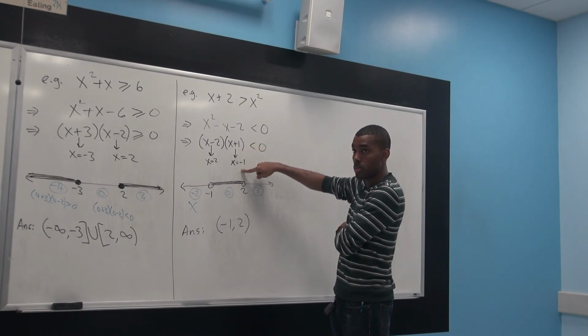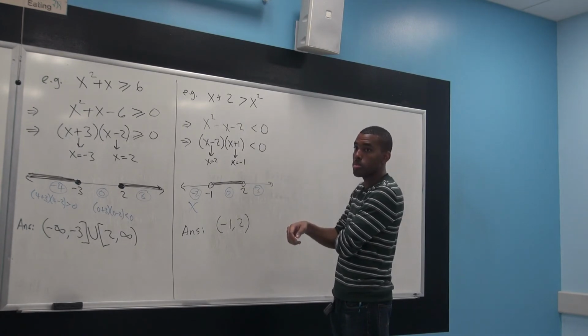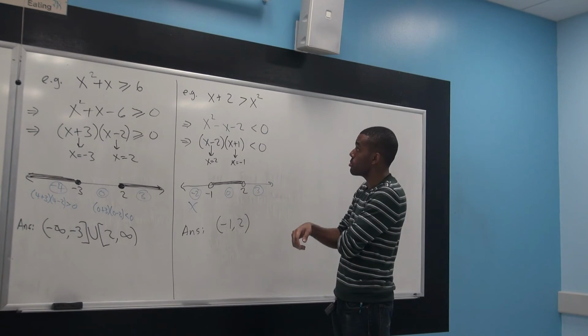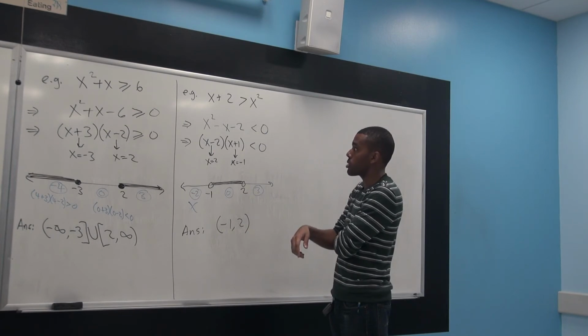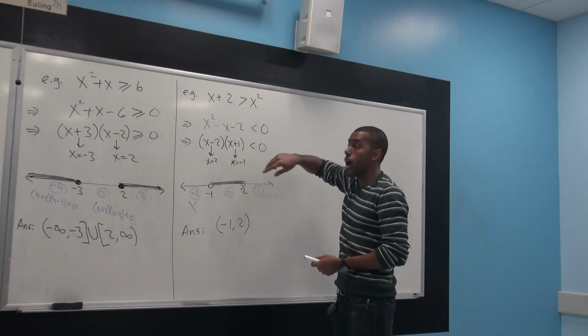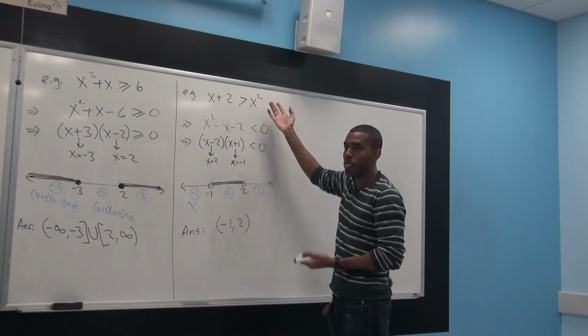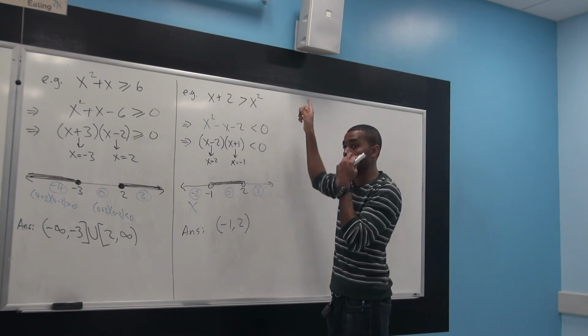Wait, but when you minus, because you're trying to make it a quadratic equation, when you minus x squared, it comes on the other side. I didn't minus x squared. I moved these to that side. I want to keep my square positive. So it's positive over here, I don't want to move it. I move the others to that side.